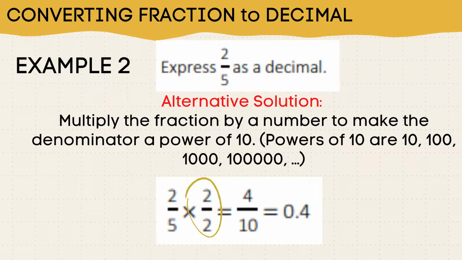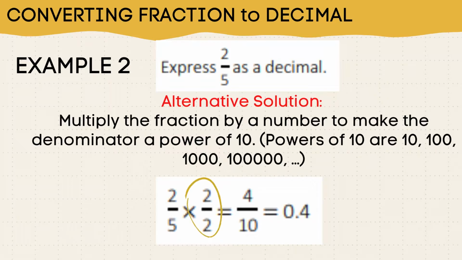That is simply multiplying the fraction by a number to make the denominator a power of 10. So in this alternative solution, our goal is to make the denominator a power of 10, whether it is 10, 100, 1000, etc. Since the denominator is 5, we will just multiply it by 2 to make it 10.